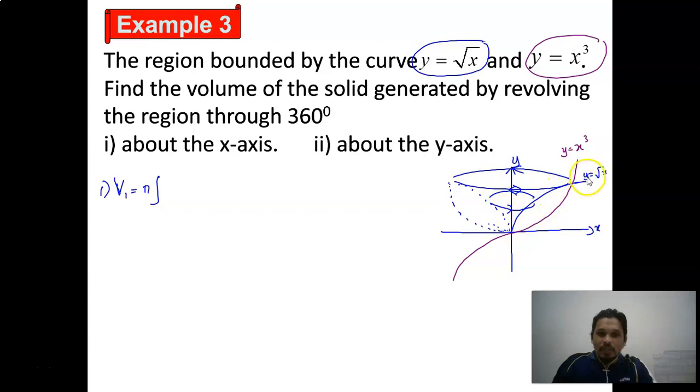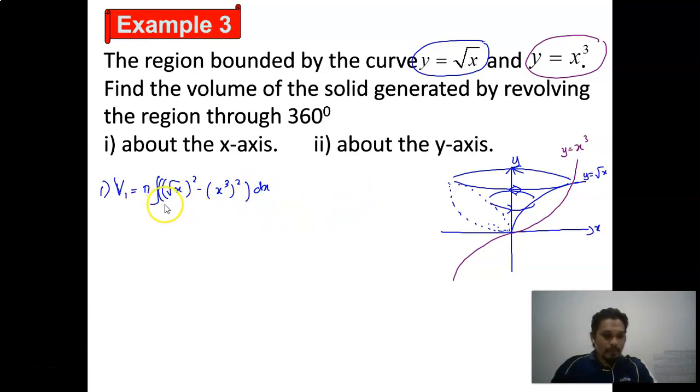The graph y equals square root of x is above, so square root of x squared, minus the graph below, which is y equals x cubed, squared, dx.